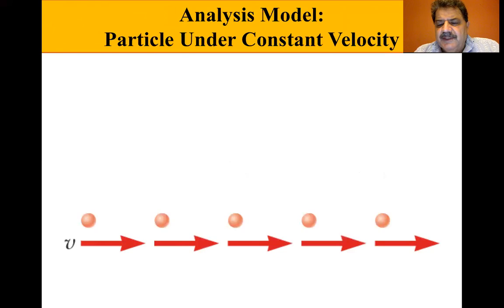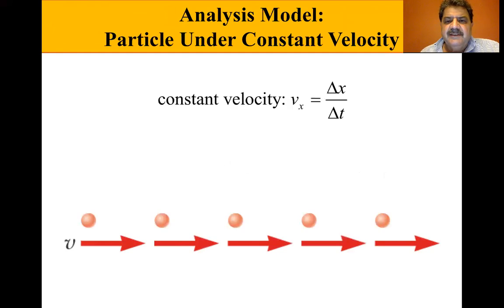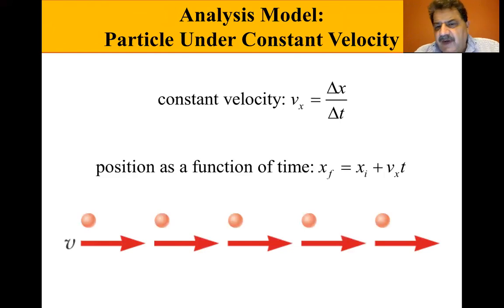Now, imagine a moving object that can be modeled as a particle. If it moves at a constant speed through a displacement delta x in a straight line in a time interval delta t, its constant velocity is Vx equals delta x over delta t. The position of the particle as a function of time is given by x final equals x initial plus Vx t.